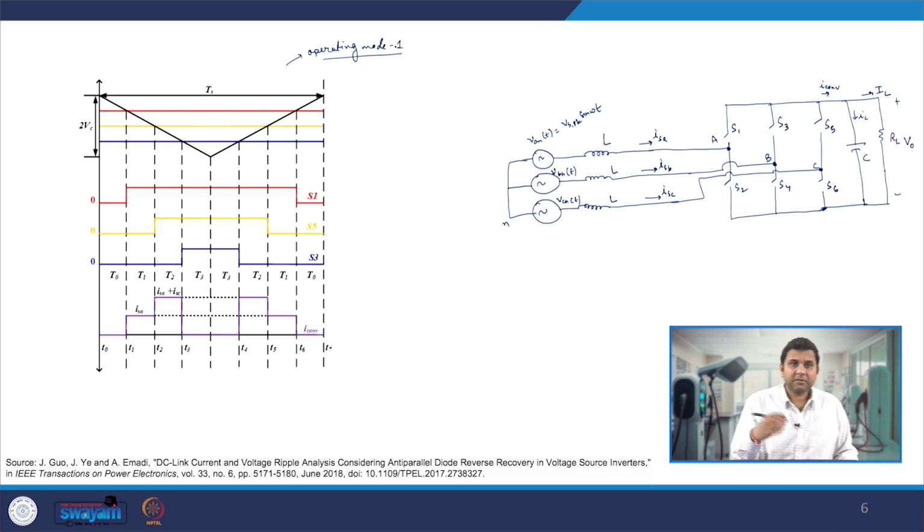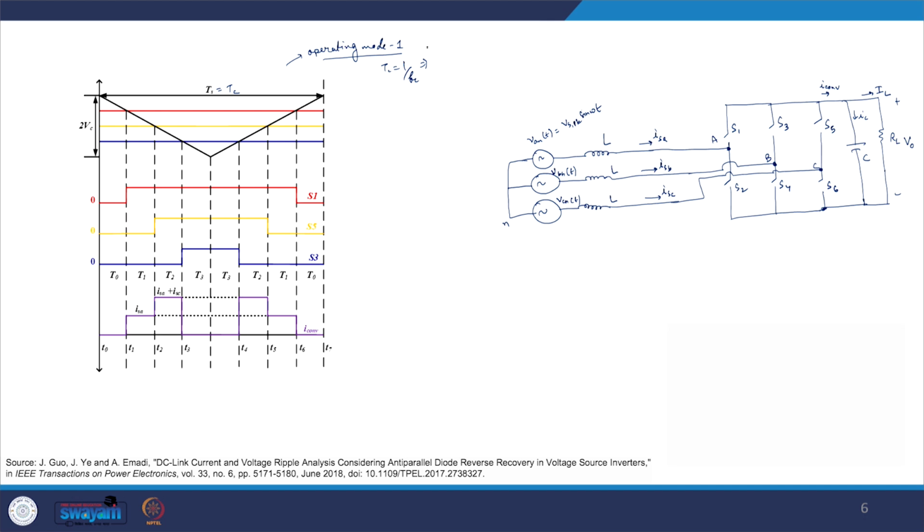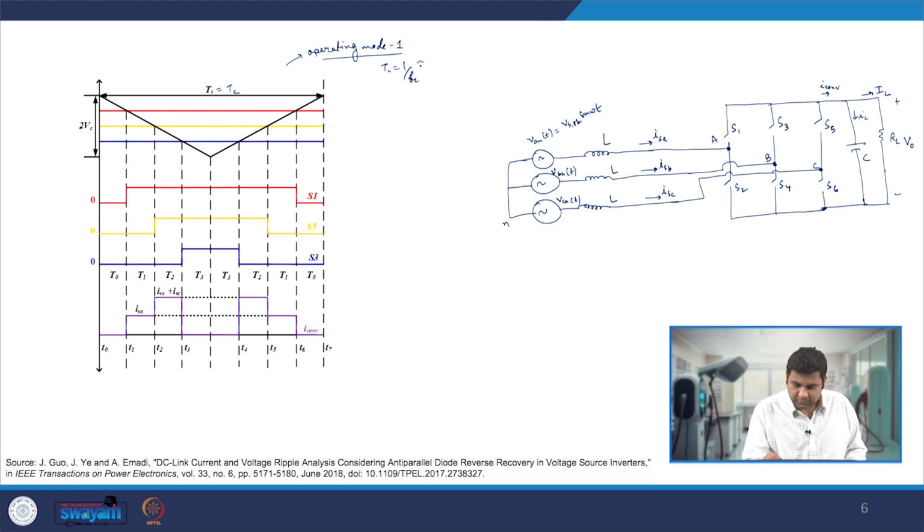Operating mode 1, or you can say sector 1, is nothing but a TC carrier cycle or switching cycle, both are same, where my TC is nothing but 1 by carrier frequency, equal to TS, which is nothing but the switching period, you can say 1 by FSW.